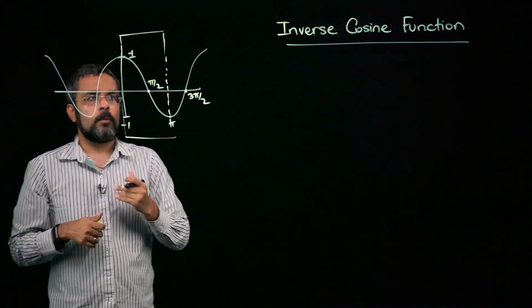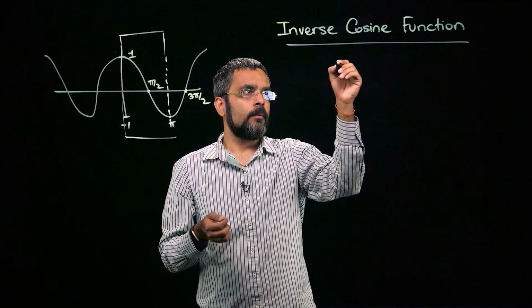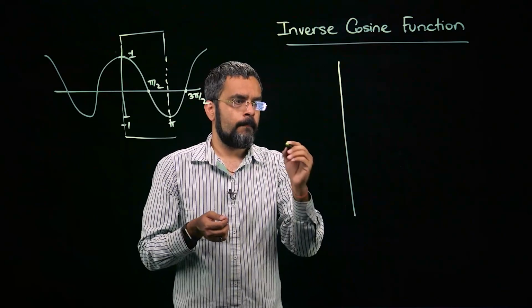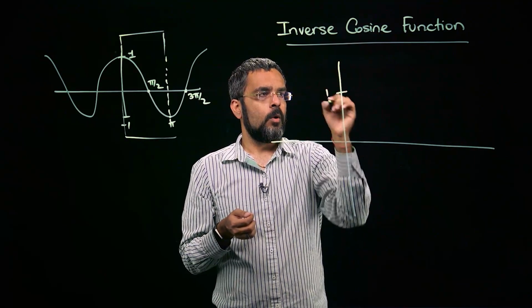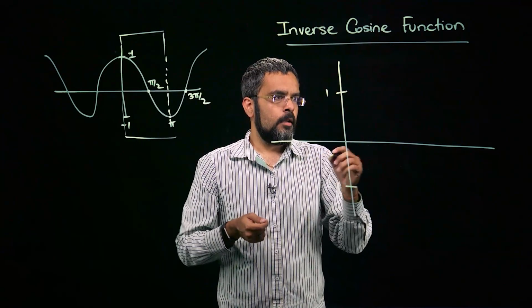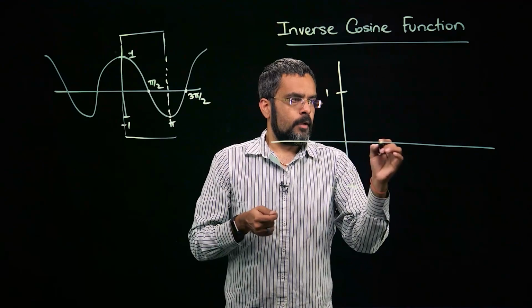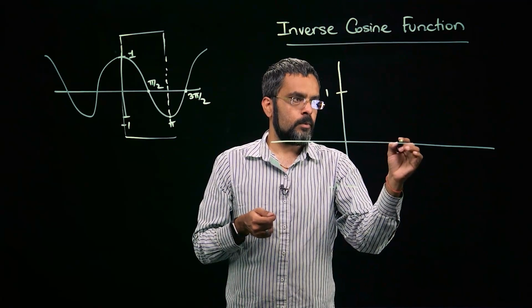Okay, and then let's see what we get. So I'm going to go ahead and draw that part out. Okay, so this is 1, this is -1, and then I have pi over 2. Let's say this is pi over 2.